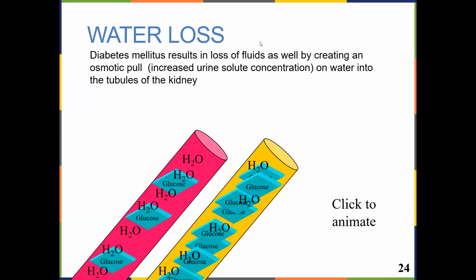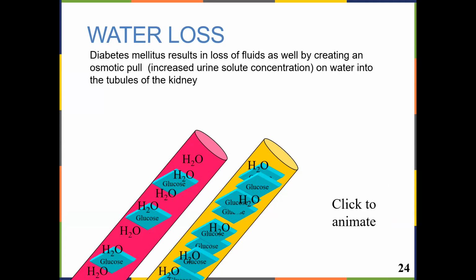Now in mellitus, it's a little different. This is why people with diabetes mellitus, type 1 or type 2, have to pee. Here is our filtrate right here. This is what's coming in. We have glucose in our blood because we don't have insulin.